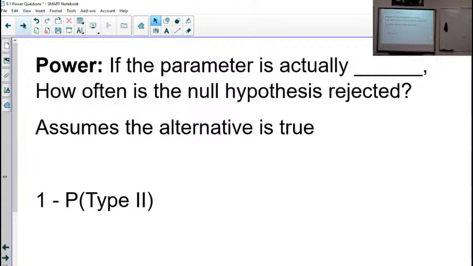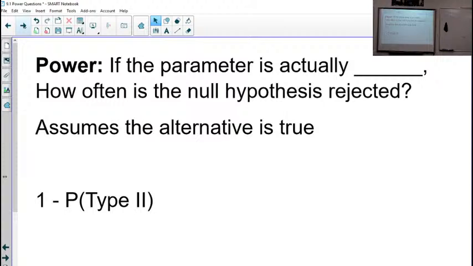And so we're going to talk very briefly about what things influence the power of a test. One of them is that actual alternative parameter that goes in this blank. So let's say I'm lying about my free throw percentage. It's not actually an 80% free throw percentage. When are you more likely to catch me? If my free throw percentage were actually 70%, if it were actually 50%, or if it were actually 30%.